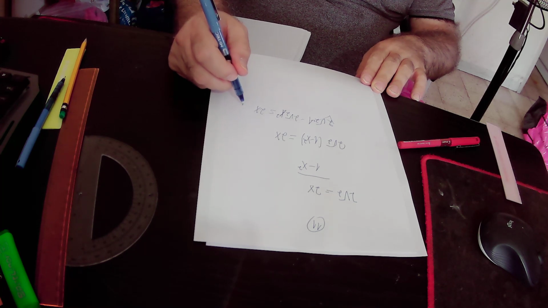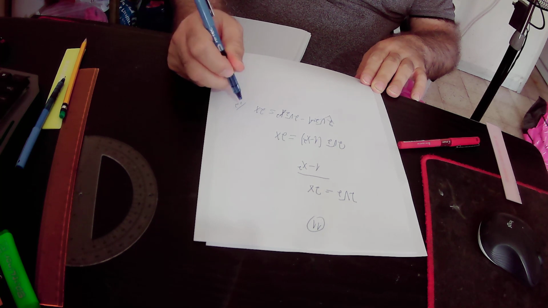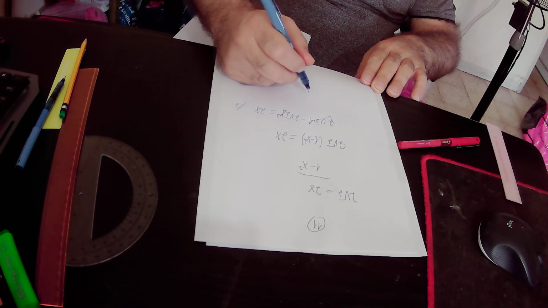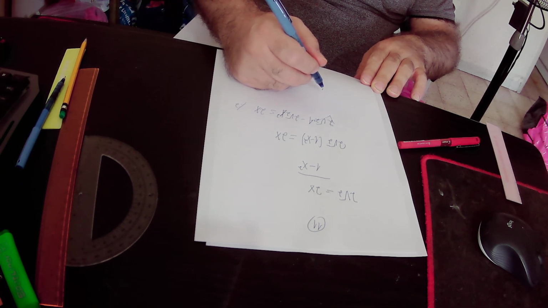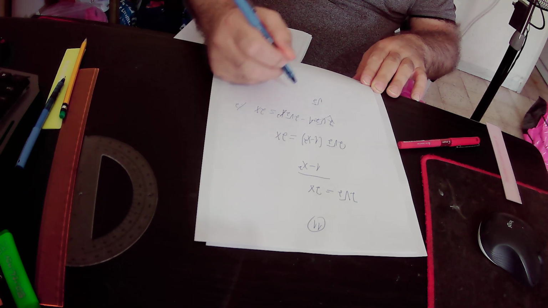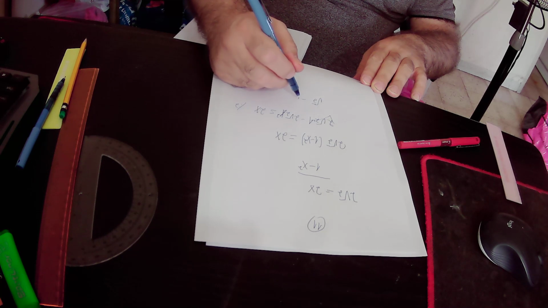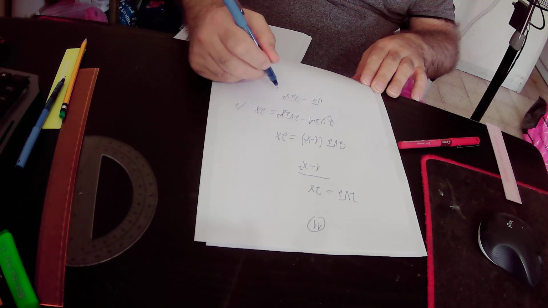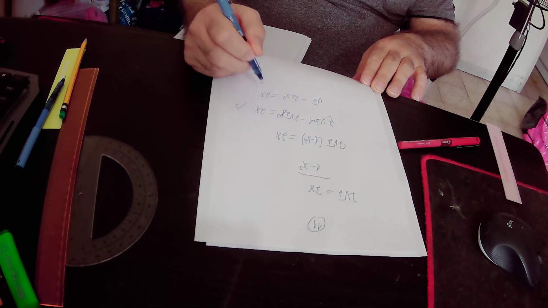Here we will divide this equality by 2, and we will get that root 2 minus root 2 x squared equals x.